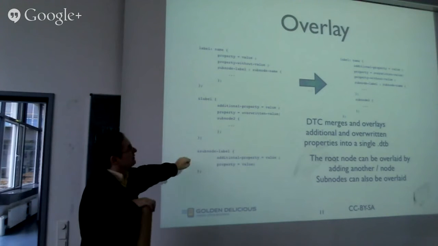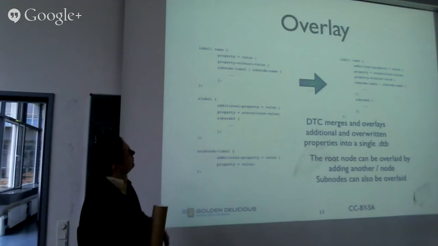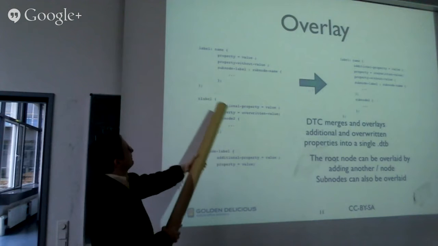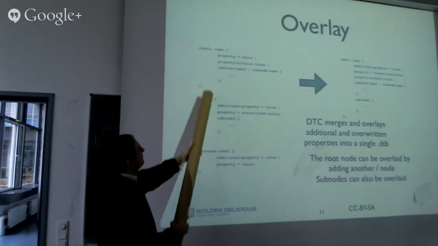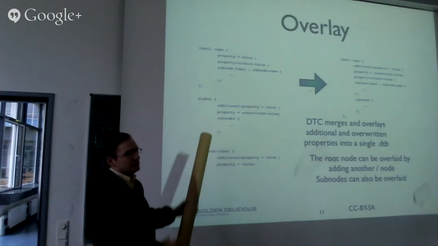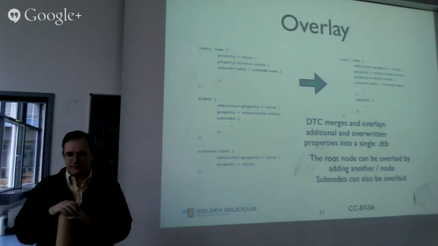Yeah, you can add subnodes. It is even possible to override at this level. So here we have the label, refer to that, and then go here to subnode 2. So there are several options to modify things.